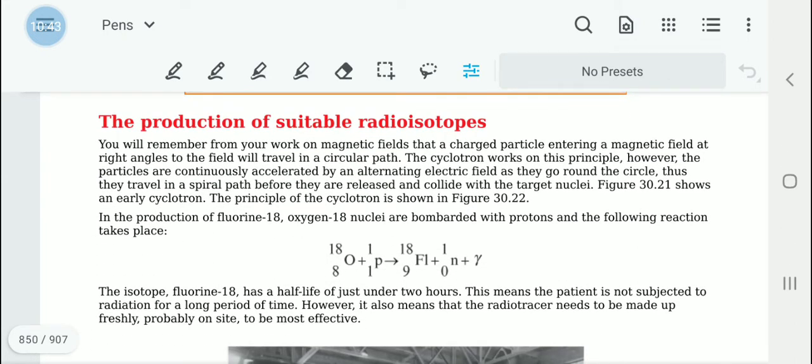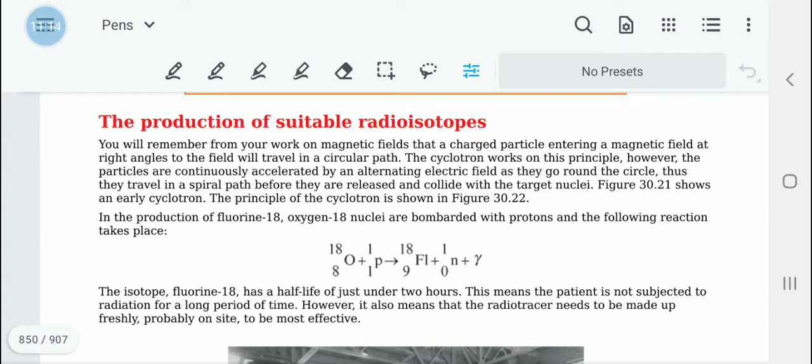Now, how do we produce a suitable radioisotope? We discussed that it is by bombarding it with a proton. So how are we going to do this? We know that in magnetic fields, a charged particle that enters a magnetic field at right angles to the field will travel in a circular path. We discussed that.